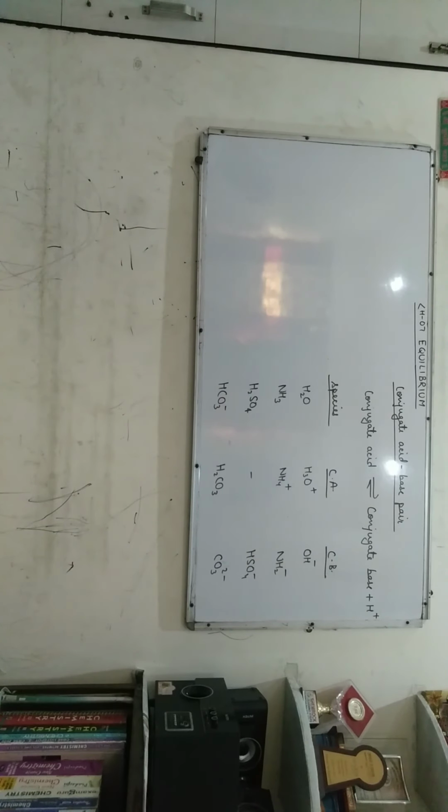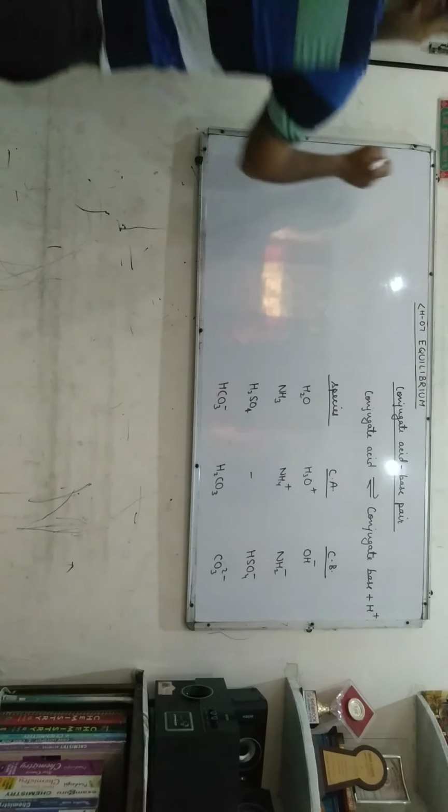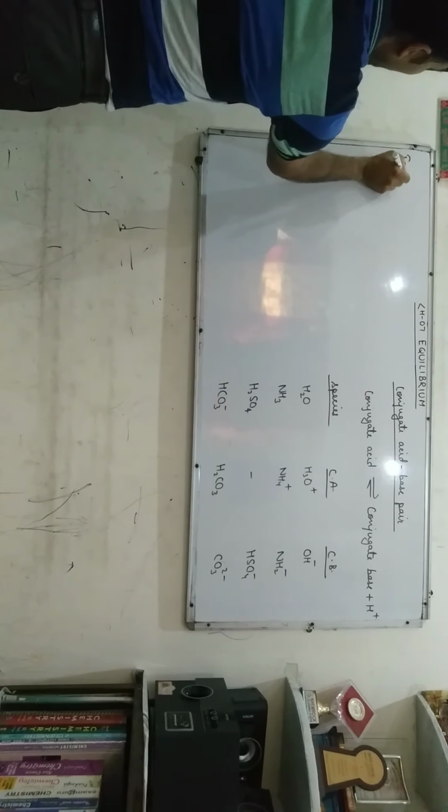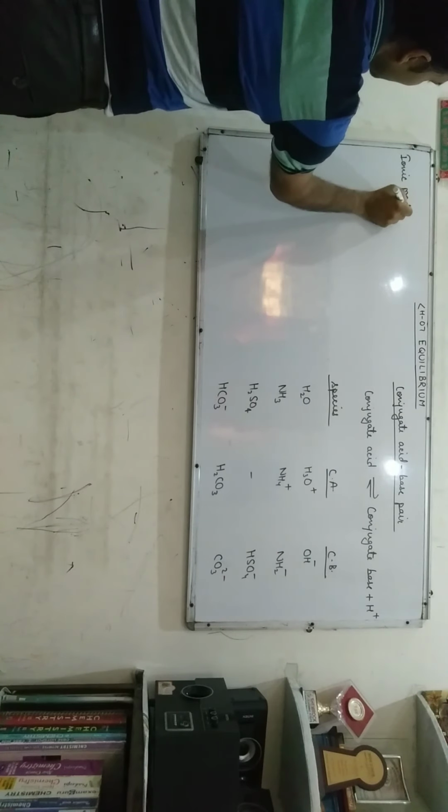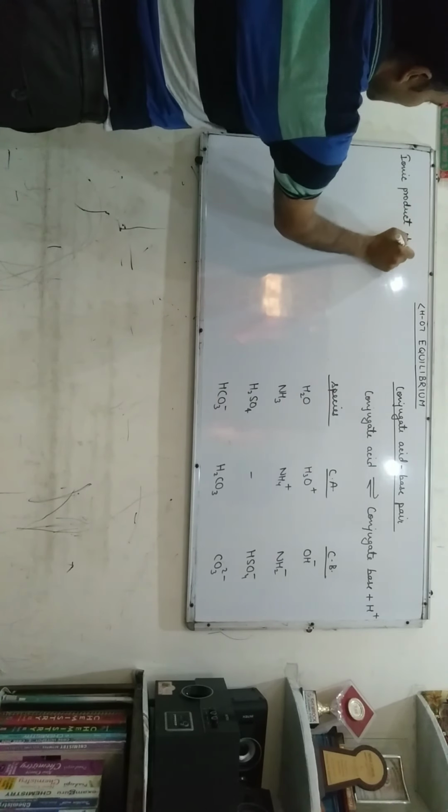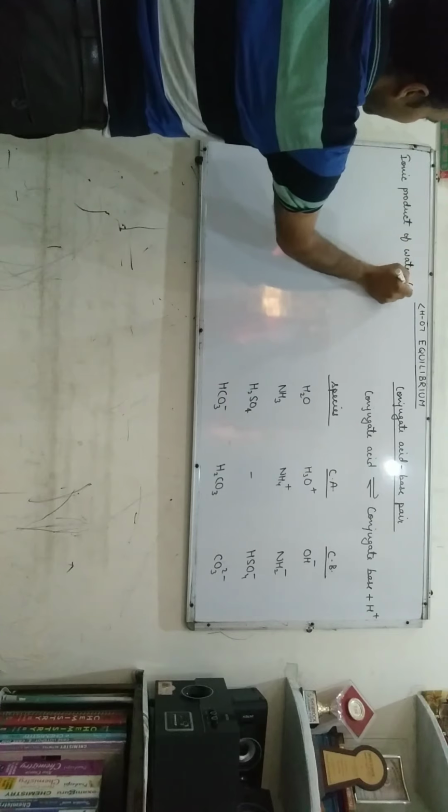Now let us discuss the ionic product of water. Students, the ionic product of water is indicated by Kw.